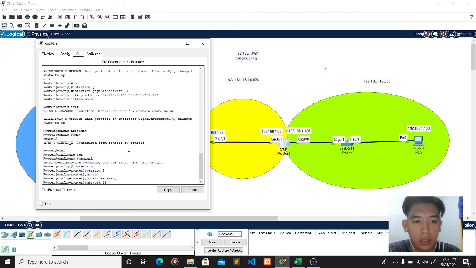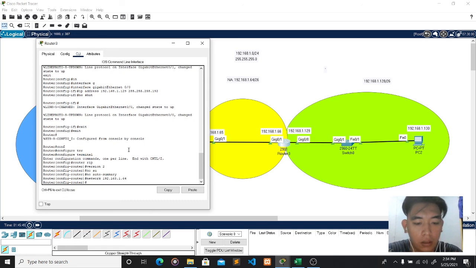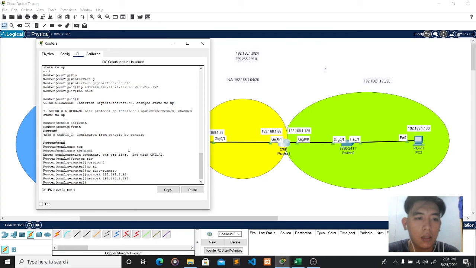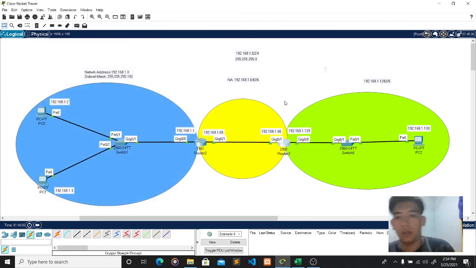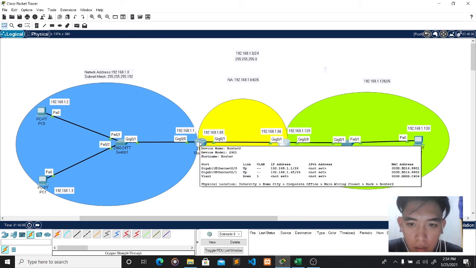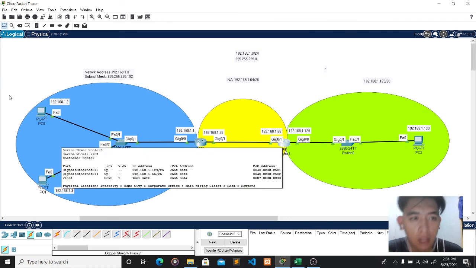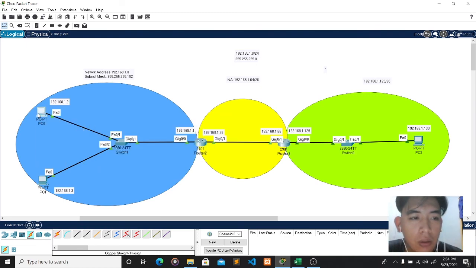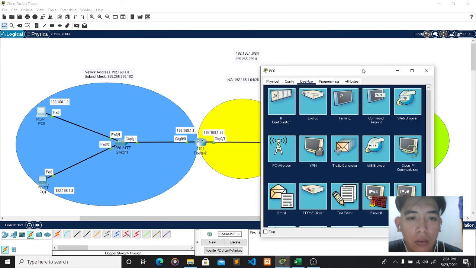Then, network is 192.168.1.64, and network 192.168.1.128. So, router rip na natin. Check ko muna kung may na-set na. Okay. And okay.